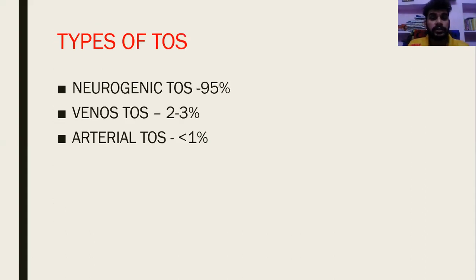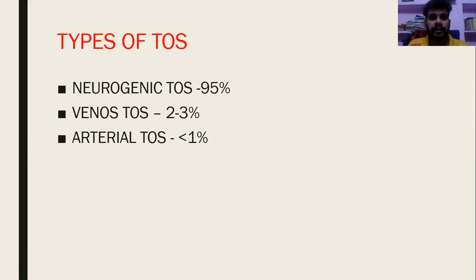We will later discuss the types of TOS. TOS has three types: first is neurogenic TOS, second is venous TOS, and third is arterial TOS. Neurogenic TOS occurs when our neurovascular bundle is compressed.